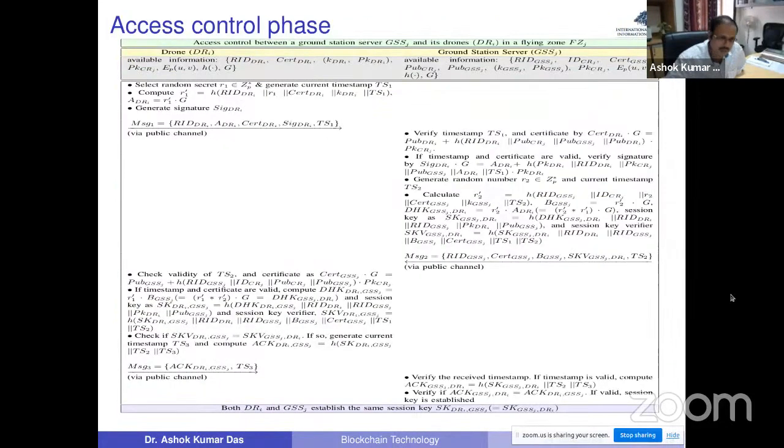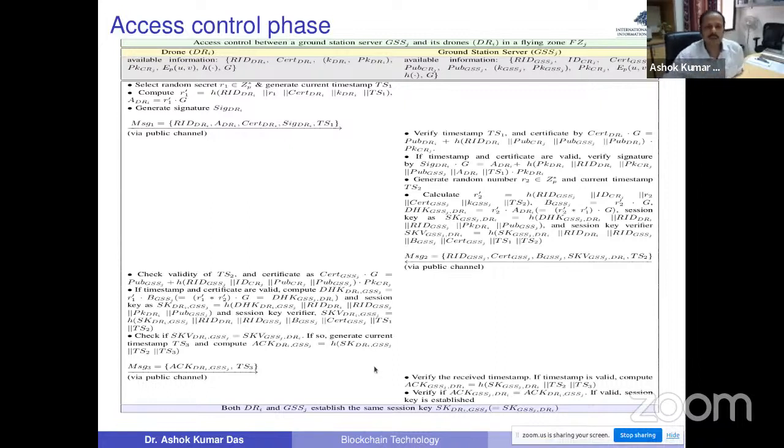Once the drones are deployed, the drone and GSS can now execute the access control phase in order to establish a session key between them for secure communication. In short, what is in this access control mechanism?